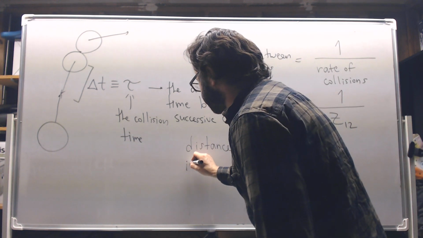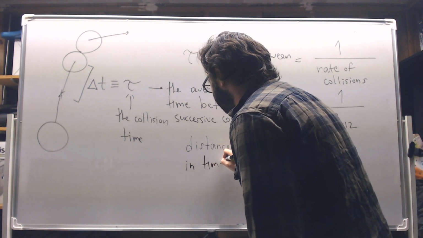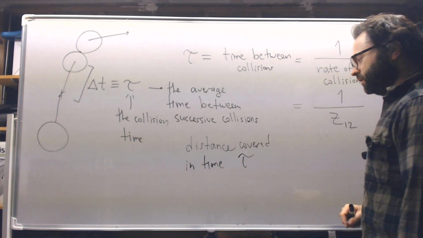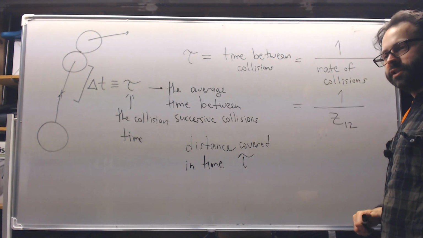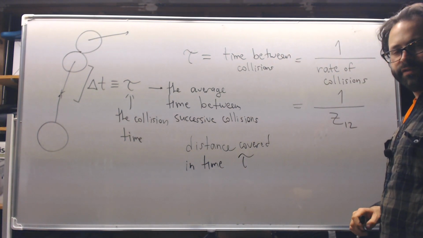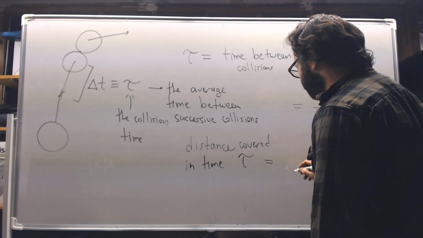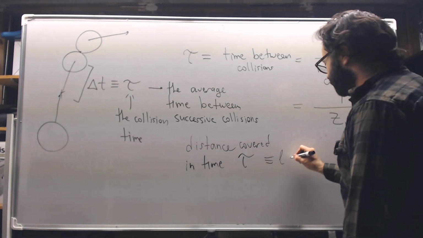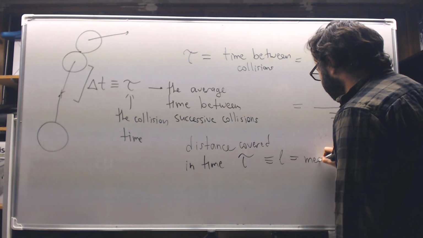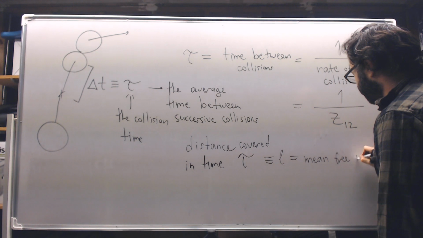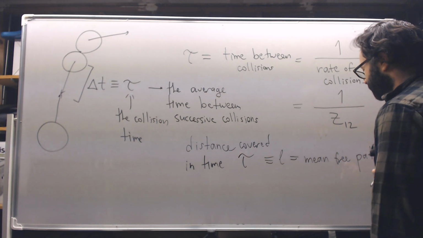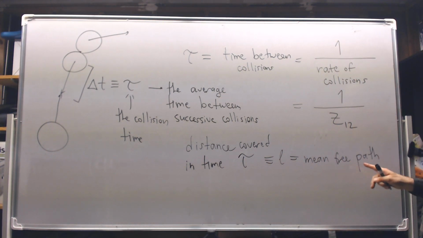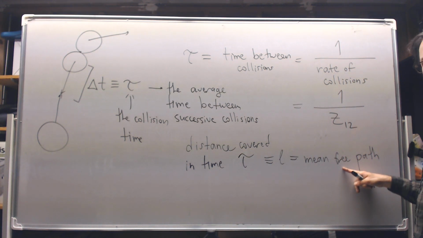The distance covered in time tau, or the distance the molecule travels between successive collisions, is defined as the symbol L, little l, and this is called the mean free path, or the average distance that the particle travels while free, or uninterrupted, or between collisions.